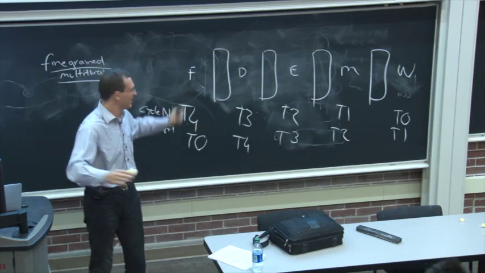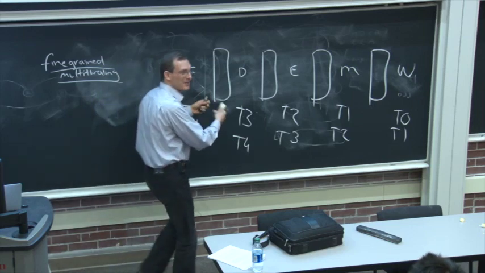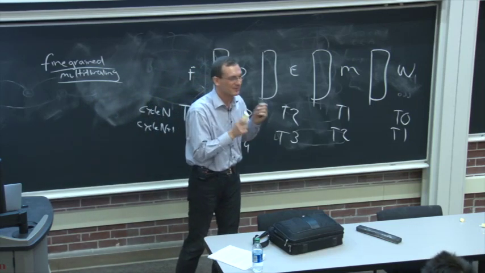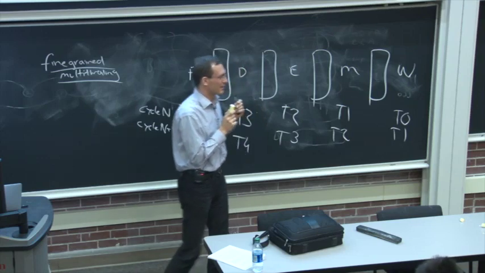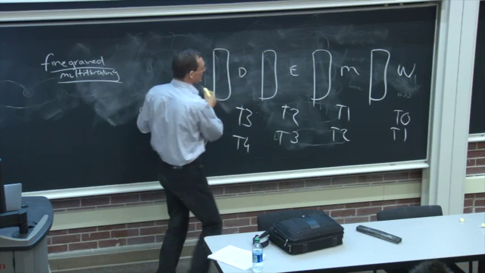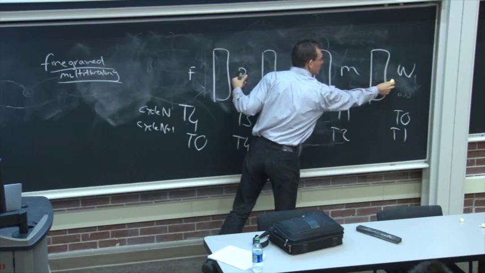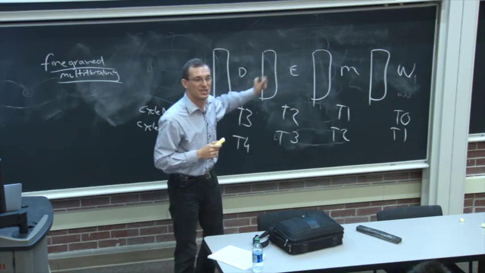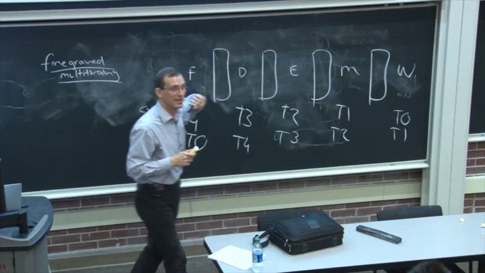Basically, you still fetch from different threads, except those different threads happen to be no ops, right? What you've done is essentially you're not utilizing your pipeline well if you do not have enough threads in the machine, if your machine is designed this way.